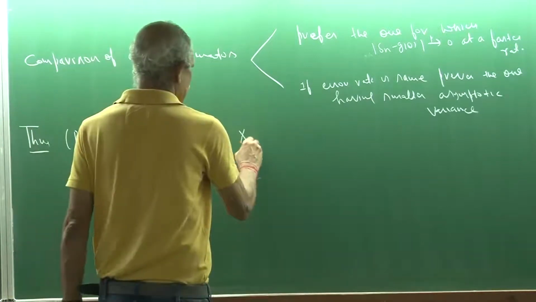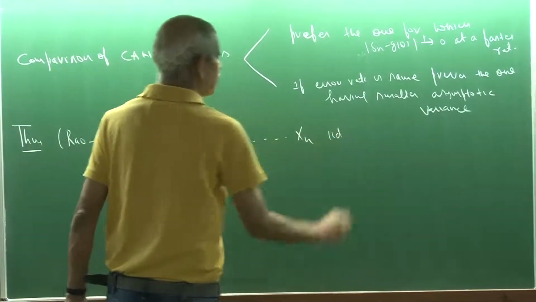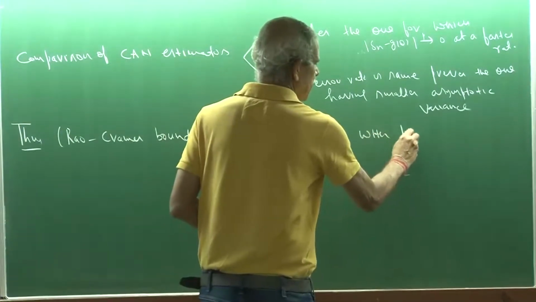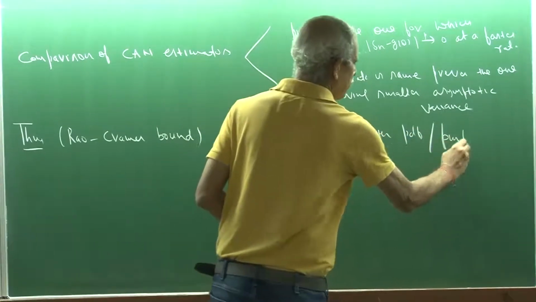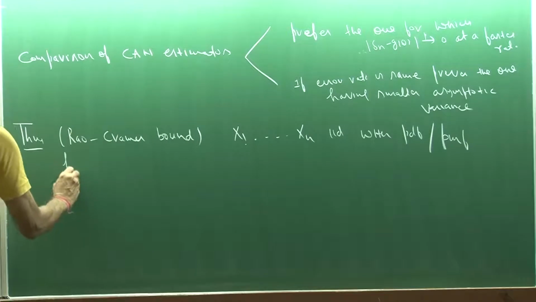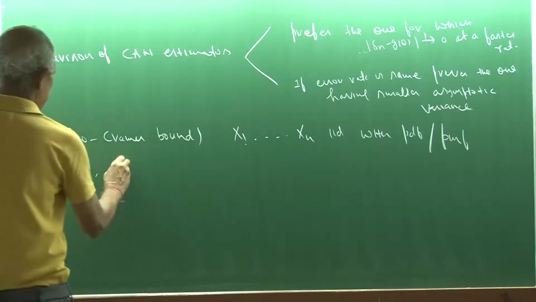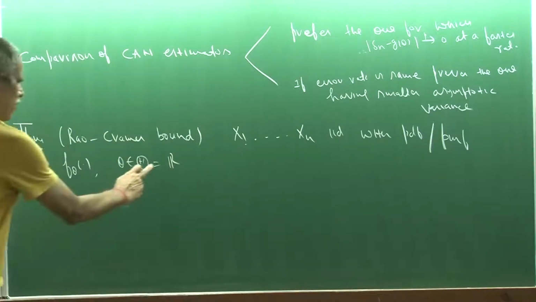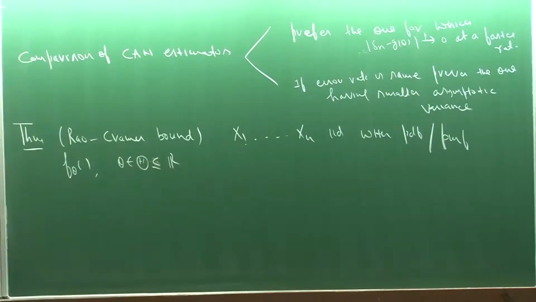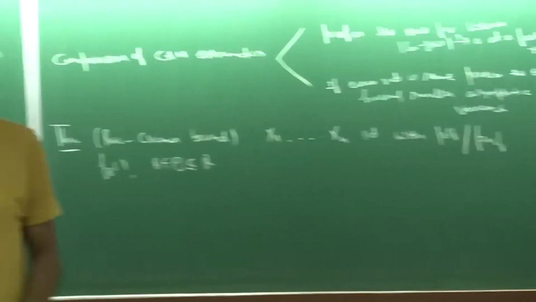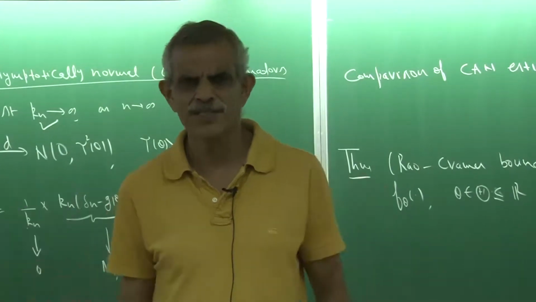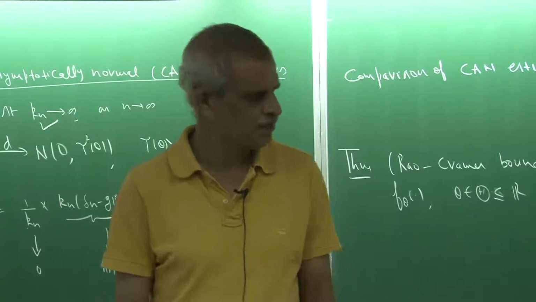So what you have is x1, x2, ..., xn, IID with PDF or PMF f theta, where theta belongs to capital Theta, which is a subset of R, not the whole of R. If you recall the regularity conditions of the Cramer-Rao bound, they involved interchange of integral and derivative sign, and you had seen all such conditions are satisfied in the exponential families.